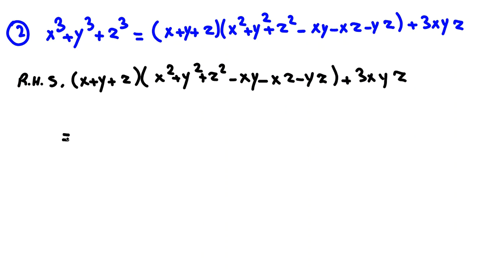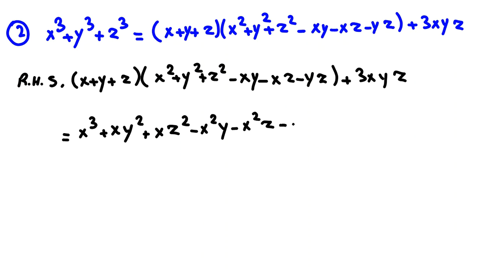Let's calculate this. x times x squared is x cubed, x times y squared is xy squared, x times z squared is xz squared. I am working only with x. x times the next terms gives minus x squared y, minus x squared z, minus xyz.